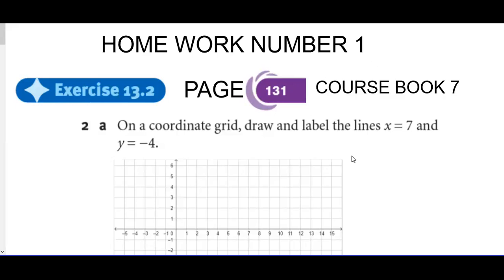Today, I'll be helping my Form 1 students, taking them through how to answer their homeworks. We are going to go through homework number 1 and possibly homework number 2, and I'll be displaying the questions here.